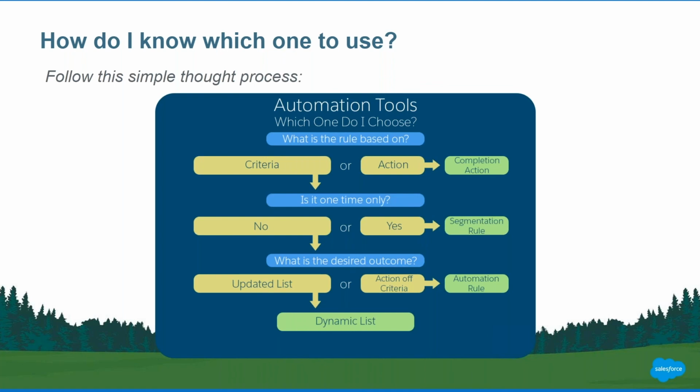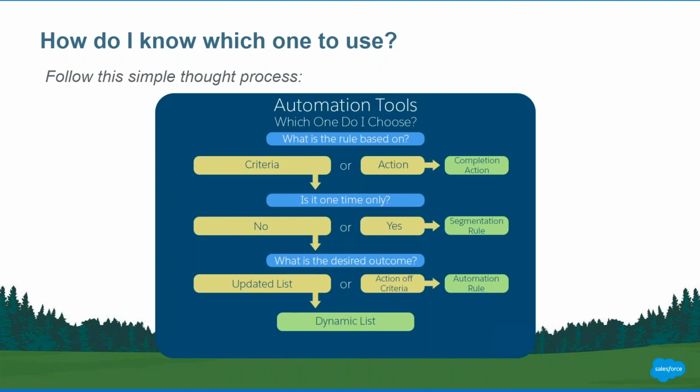Instead, you're going to ask yourself this time: is my criteria-based rule going to run one time only? If it's a criteria-based rule and it's going to run one time only, you're going to use segmentation rules. Segmentation rules make use of the different criteria about the prospect, and it only runs one time.